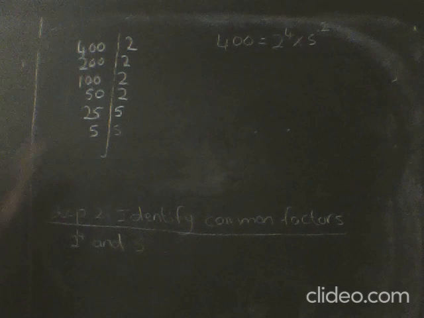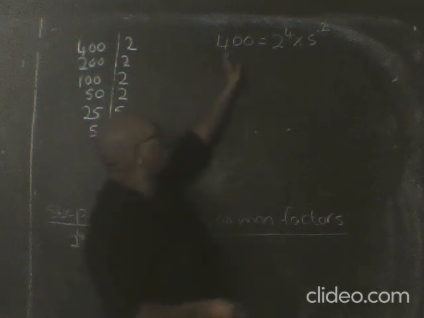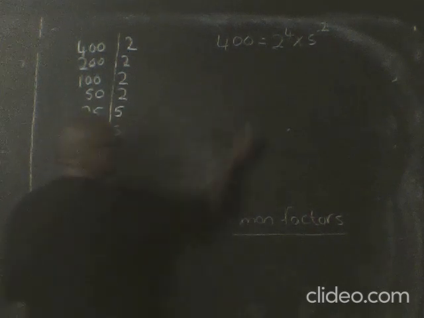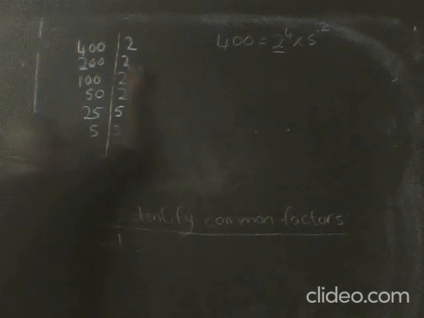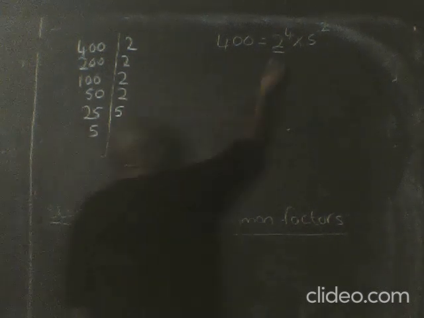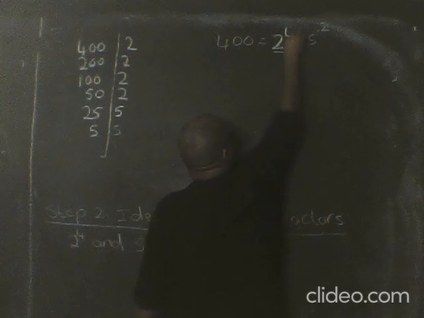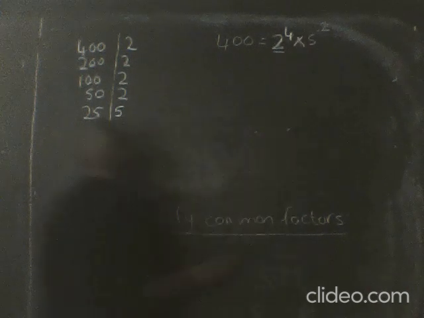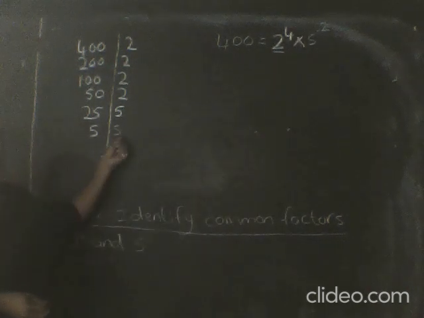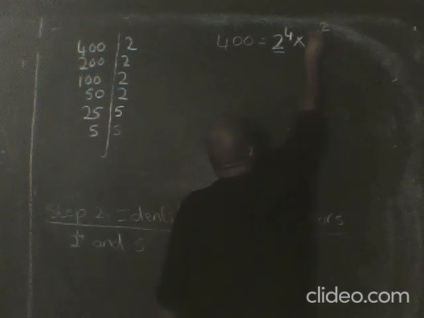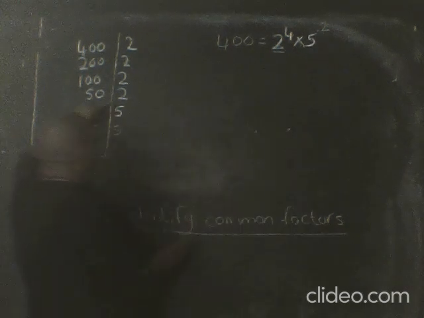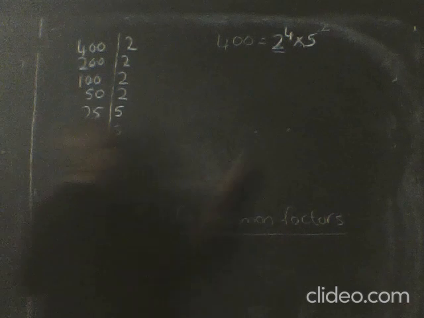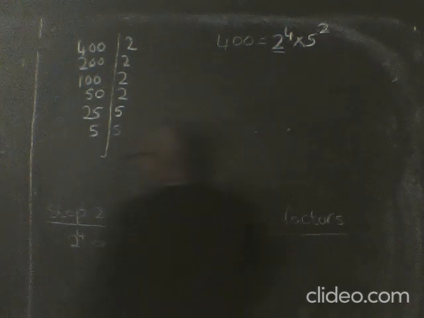So now I say the prime factors of 400 is the base, which is 2. Now I count how many 2's. 1, 2, 3, 4 2's. So this is 2 to the power of 4. Multiplied by, then we have another base number, which is 5. And then we count how many 5's we have. 1, 2 5's. So that is 5 to the power of 2.